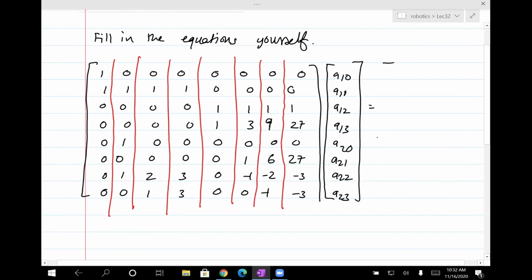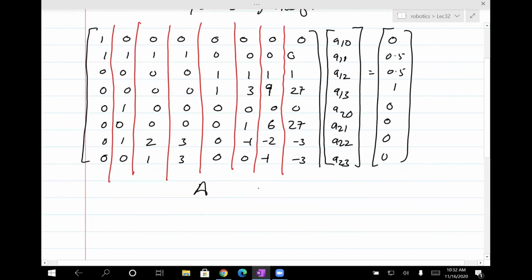And then the right hand side is simply 0, 0, 0.5, 0, 0.5, 1, 0, 0. So Ax equals b and x equals A backslash b.